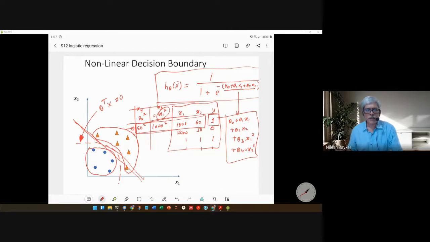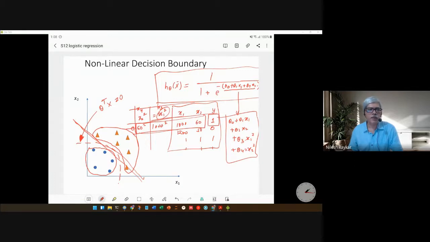Okay, so we have seen till now what the hypothesis function in logistic regression is, and what the physical meaning of that theta transpose x term in the logistic function is. So theta transpose x is nothing but the decision boundary, the boundary on which the value of the hypothesis function is 0.5, which means that a sample lying on this line is indeterminate.